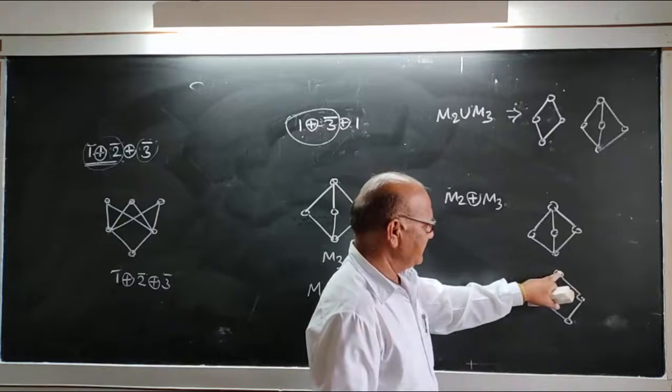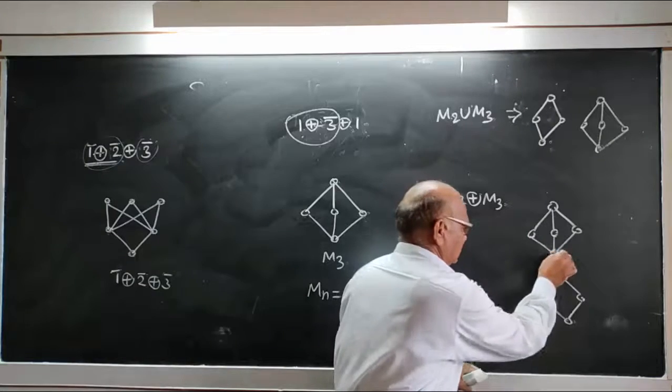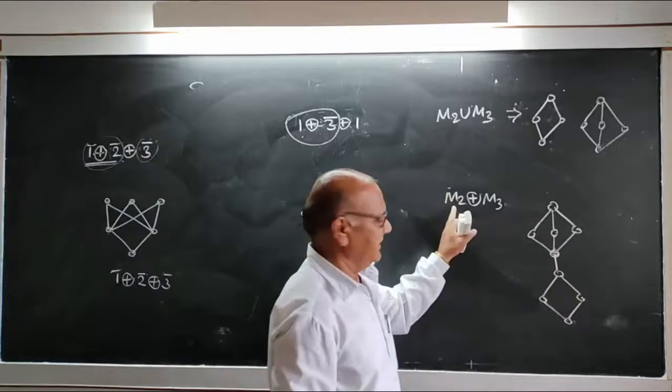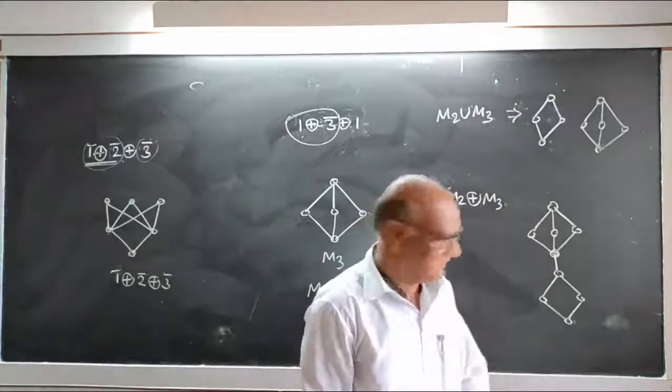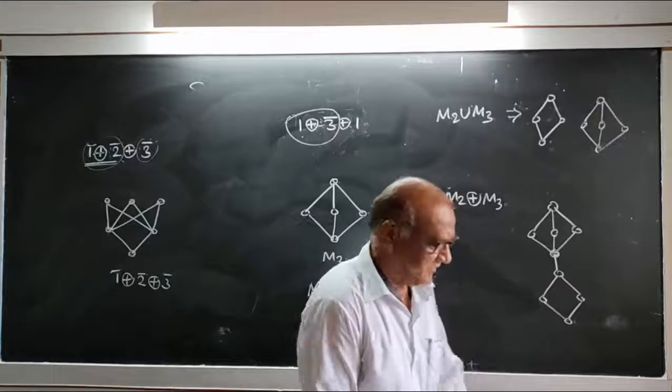The maximal element of M2 is this, the minimal element is this, joining these two. We get M2 additional circle M3.